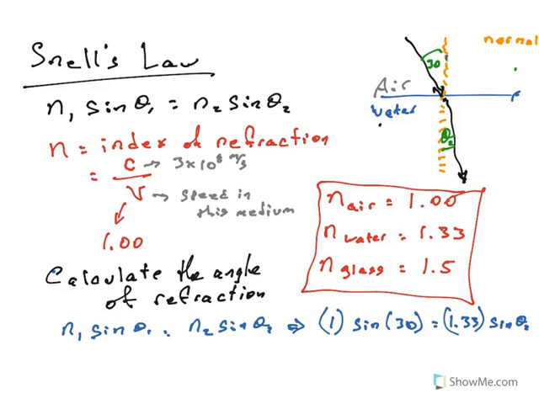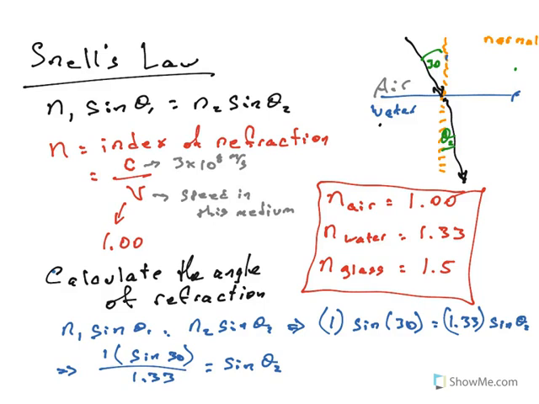So all I have to do is solve this problem for theta 2. So how do I do it? Well, get sine of theta 2 by itself, so I divide the 1.33 over. So you get 1 times sine of 30 over 1.33 equals sine of theta 2.